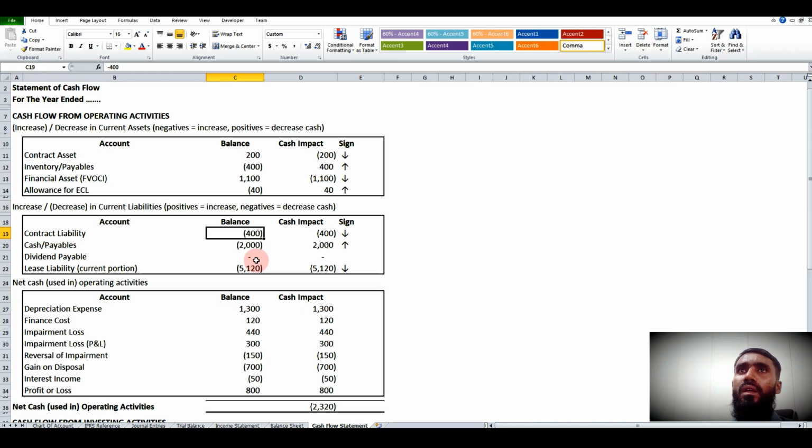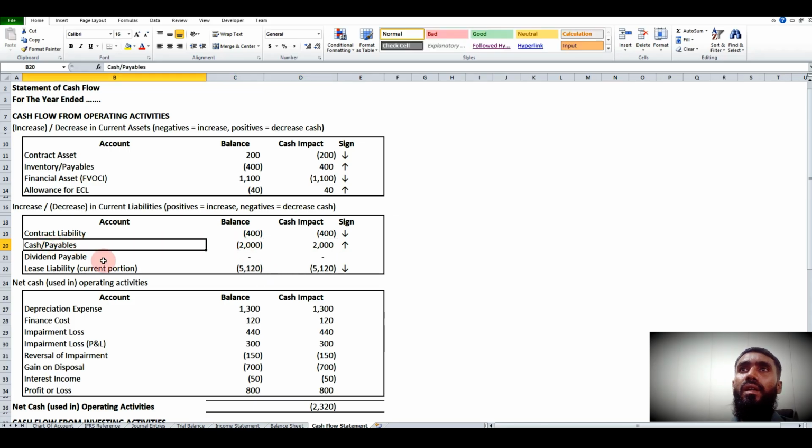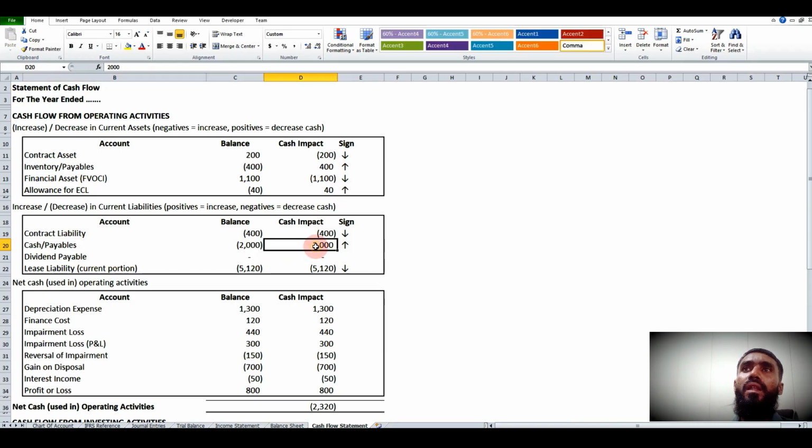Contract liability 400, it means it decreases the cash. This is increasing the cash. Here it is negative, but this is a payable.